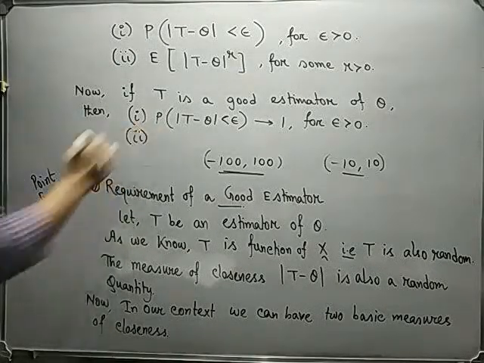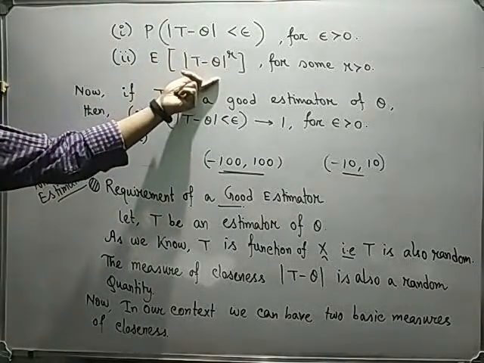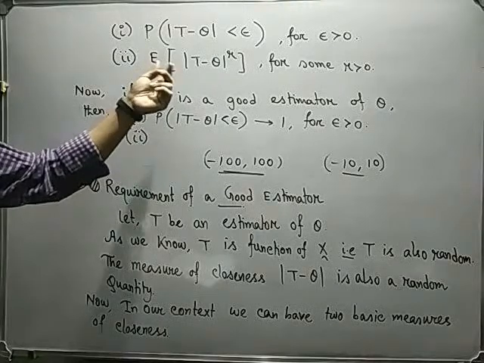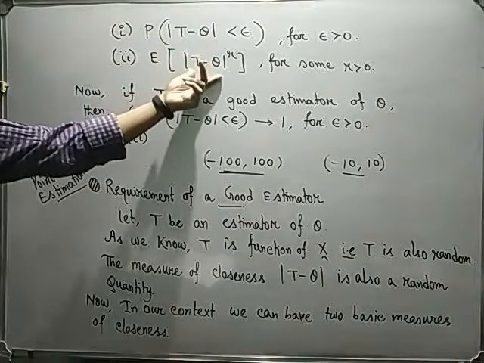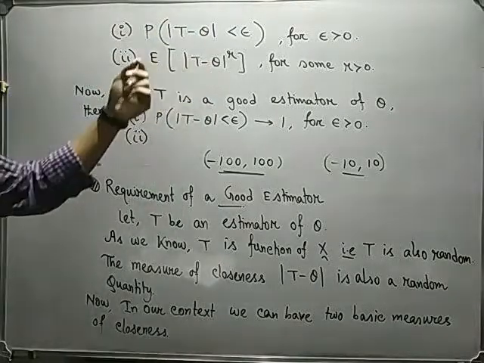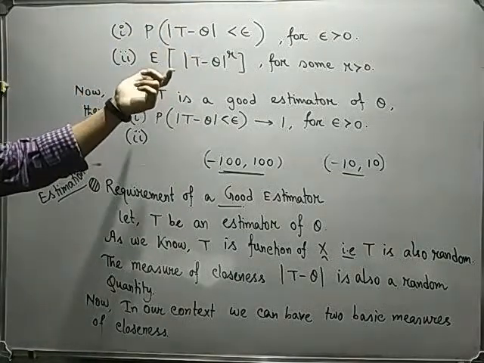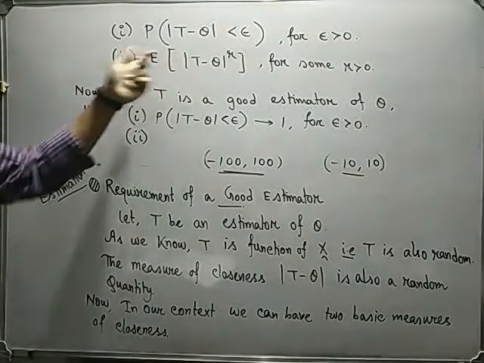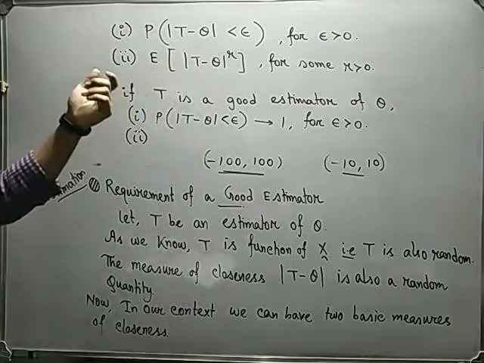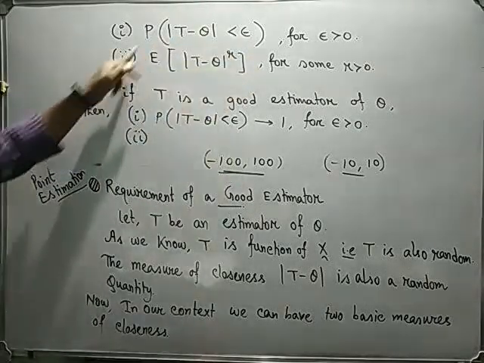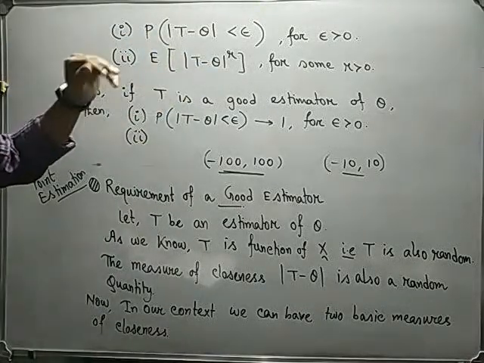And the second one, what does this mean? If T and theta are close to each other, they can have a distance like a fractional quantity, so that to the power r will also be smaller. If modulus of T minus theta is small, then modulus of T minus theta to the power r is also small, and then the expectation of that quantity is also small. If T and theta are close to each other, then T will be a good estimator for theta.